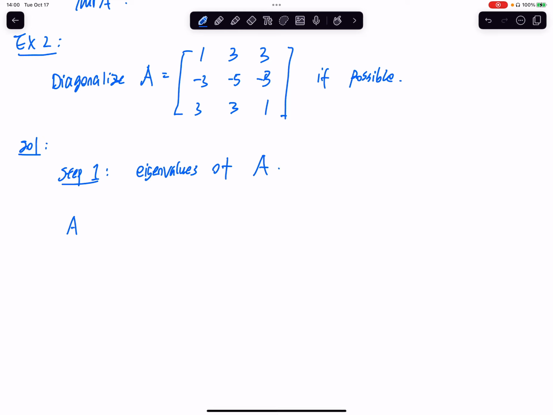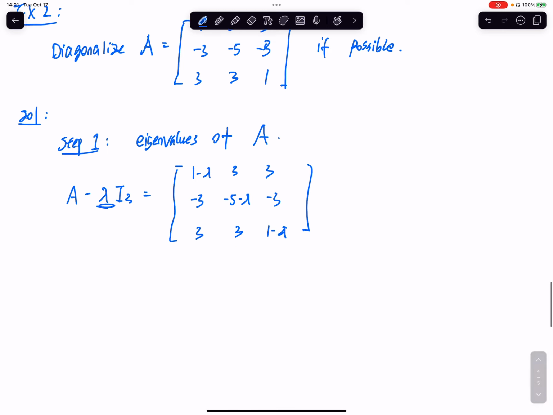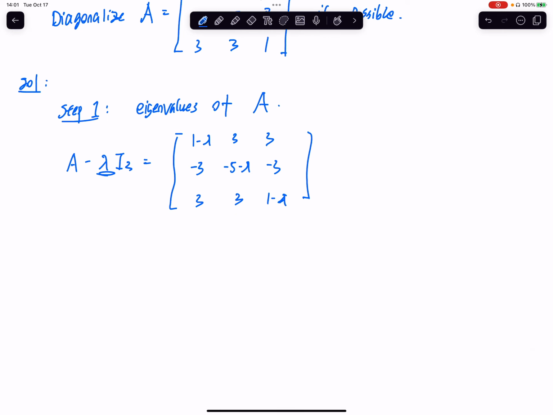In finding its eigenvalues, we just use the form A minus lambda I3, which is [1 minus lambda, 3, 3; -3, -5 minus lambda, -3; 3, 3, 1 minus lambda]. We use row reductions, and one can check this themselves.